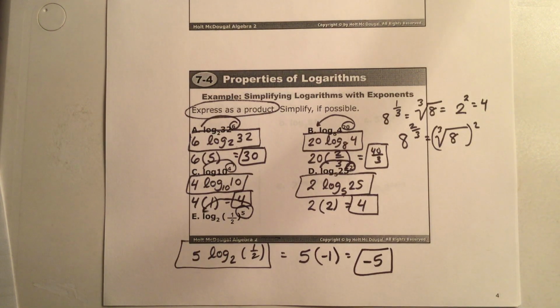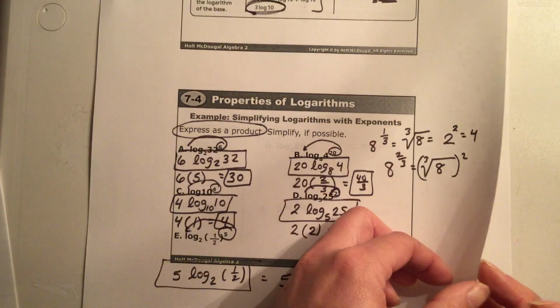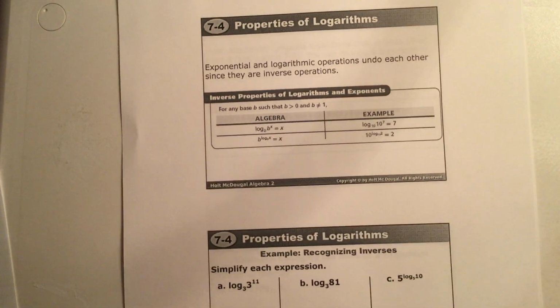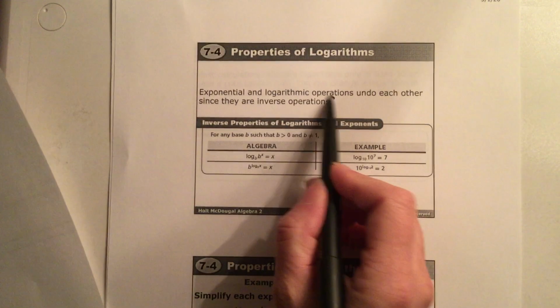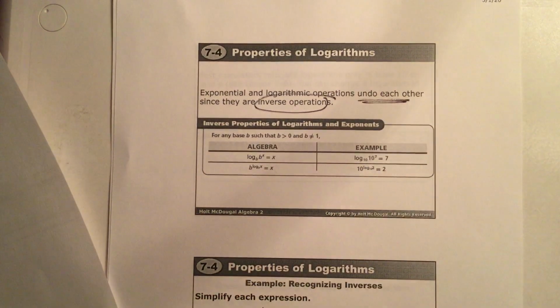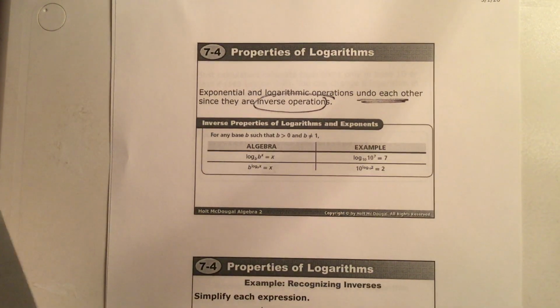So far we have looked at 3 properties. Now the next properties, you guys, it's so fun. These are inverses where you get to just totally cross things off. Inverse operations mean that they undo one another.